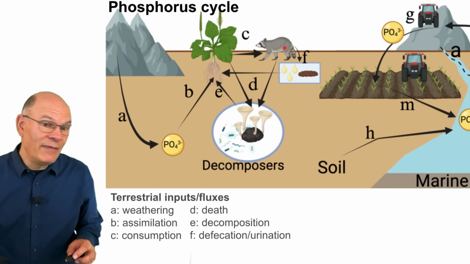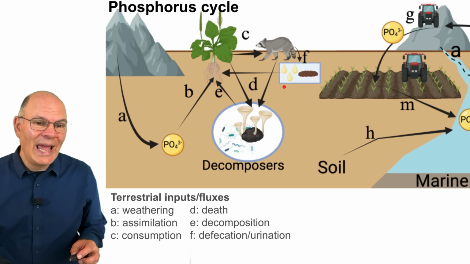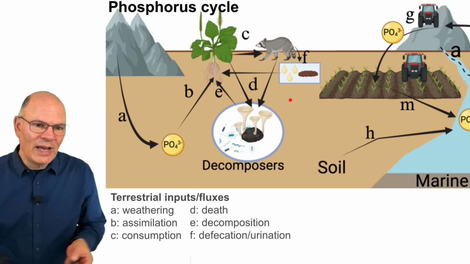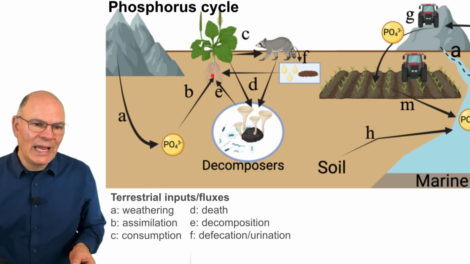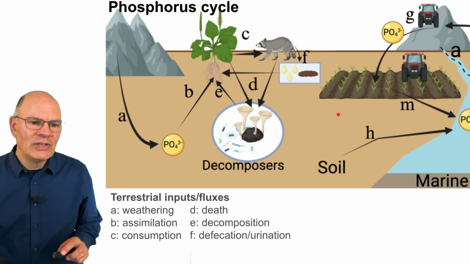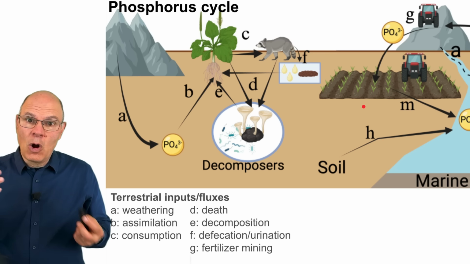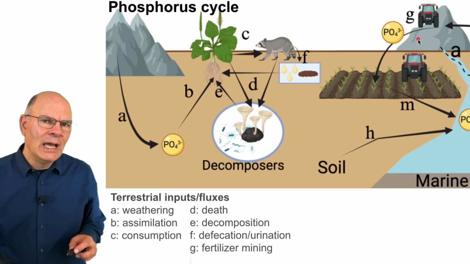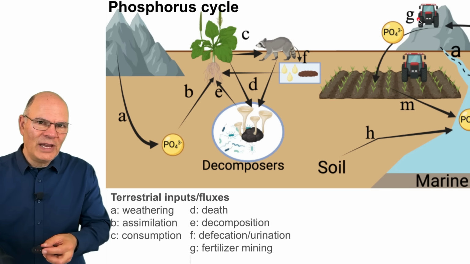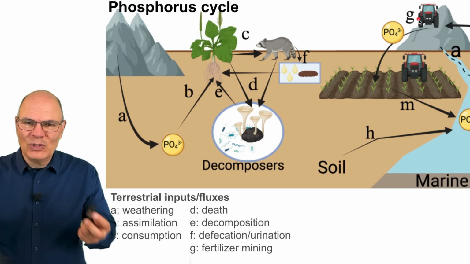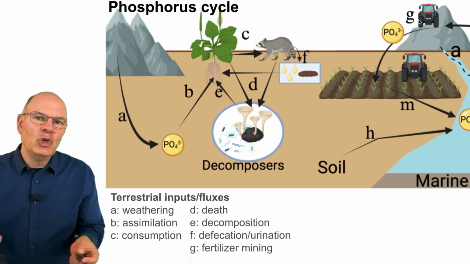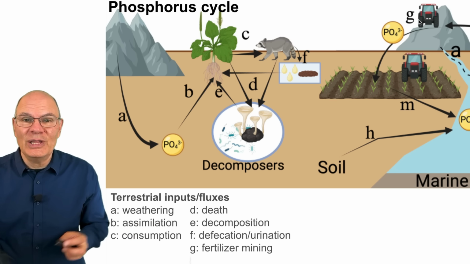There's also defecation and urination by animals, which is another flux of phosphate that puts phosphate back into the soil, and that can be again assimilated by plants. And finally, an artificial input is fertilizer mining, which takes phosphate from rocks and uses artificial means to create phosphate-based fertilizer that humans apply to their plants in their fields.